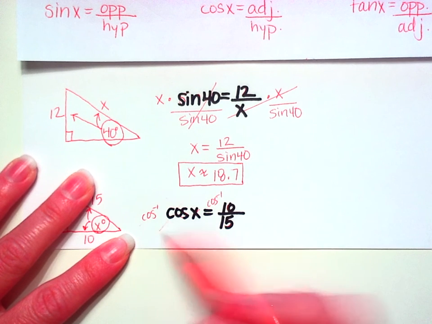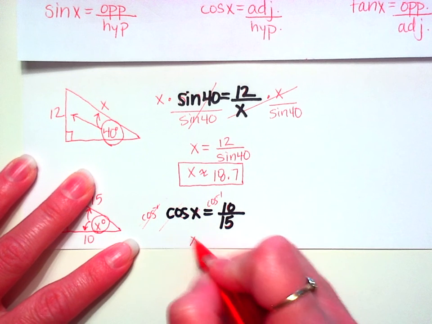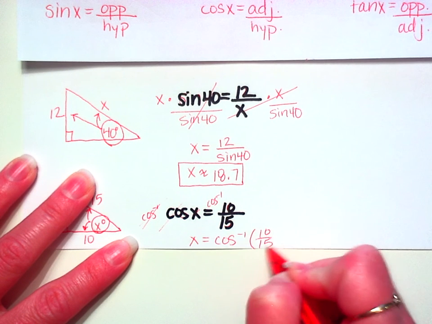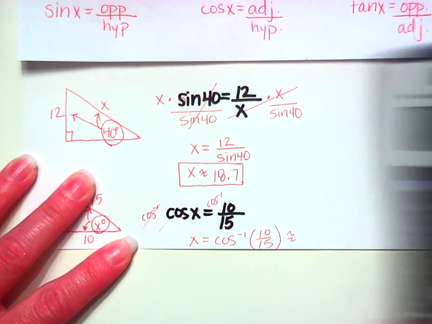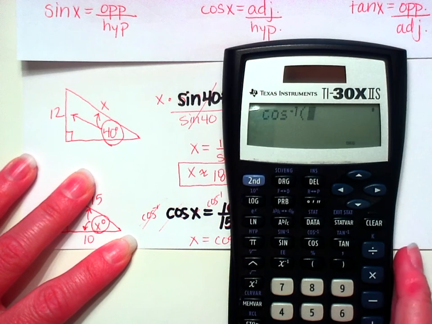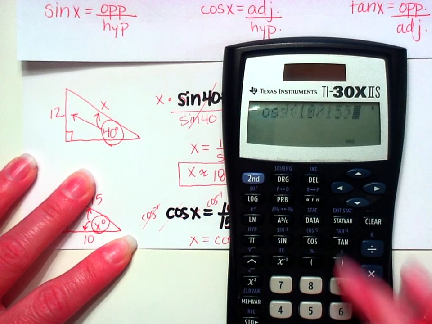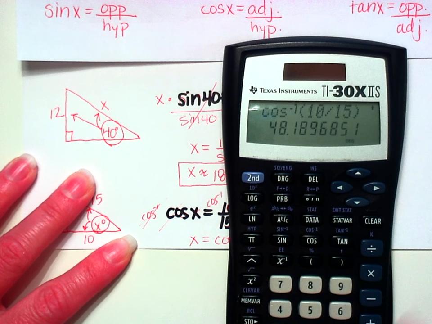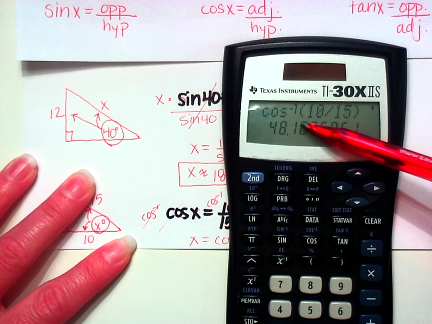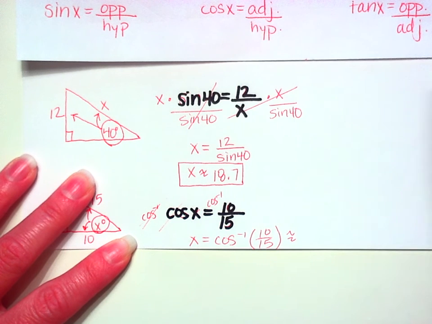Okay, these will cancel, and you'll just have x equals cosine inverse of 10 over 15. And then you can plug that into your calculator. You're going to hit second cosine, and then 10 divided by 15. And you get approximately 48 point, this 8 means I have to round this up to 2, 48.2.